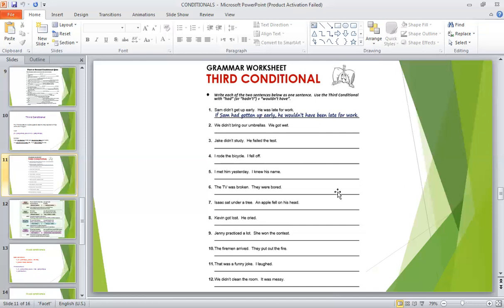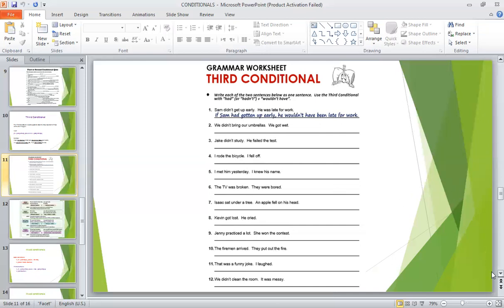I rode the bicycle, I fell off. So if I hadn't ridden the bicycle, I wouldn't have fallen off. Please notice the negative or positive form so you make the correct meaning.